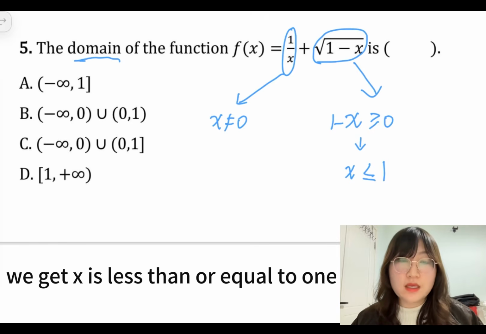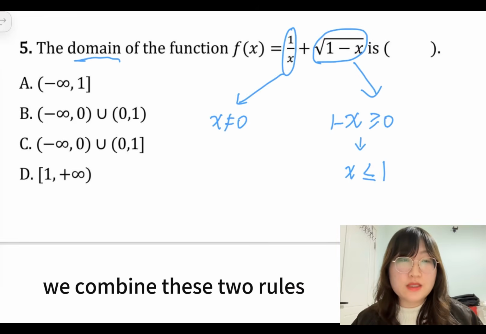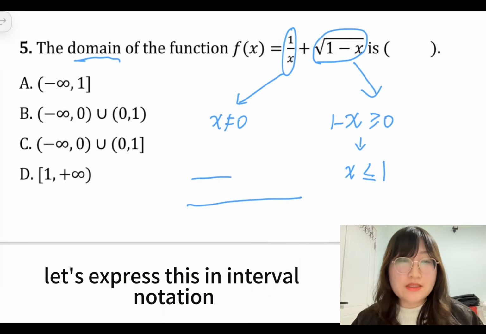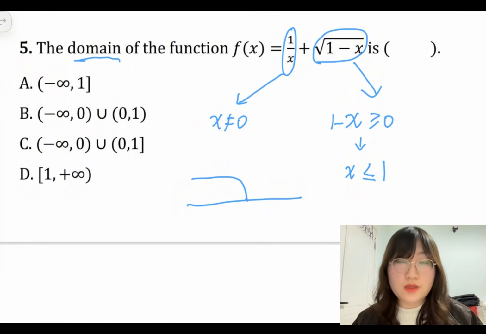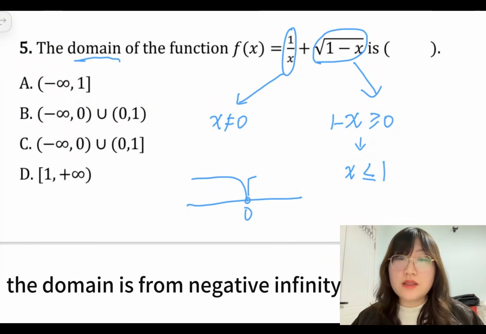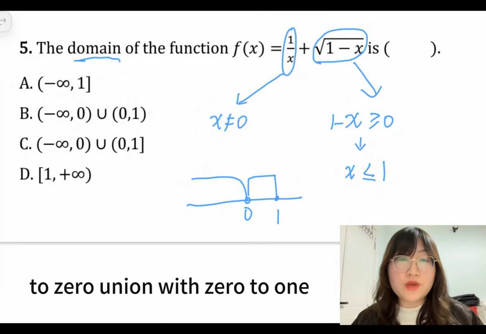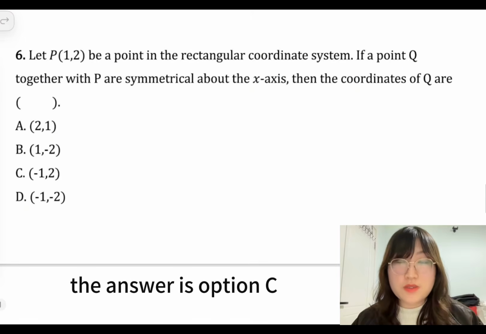We get x is less than or equal to 1. Now, we combine these two rules. Let's express this in interval notation. The domain is from negative infinity to 0, union with 0 to 1. So the answer is option C.